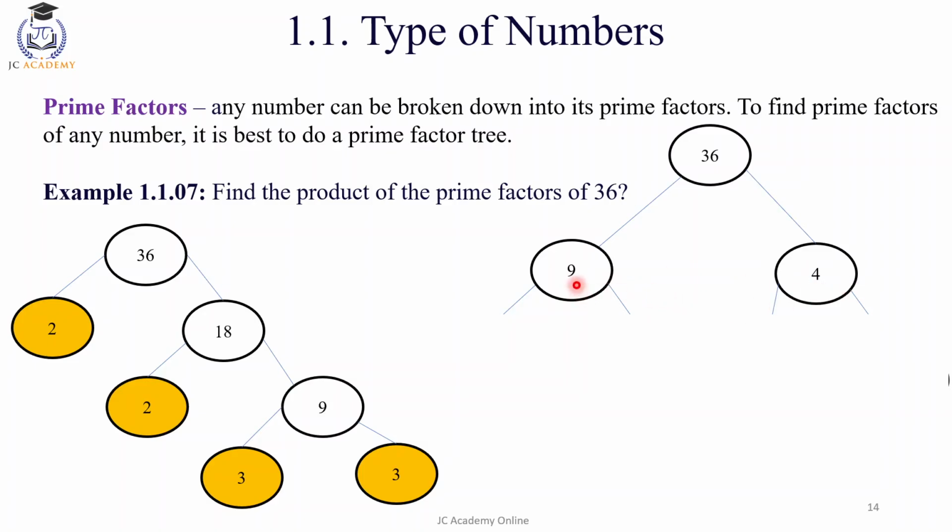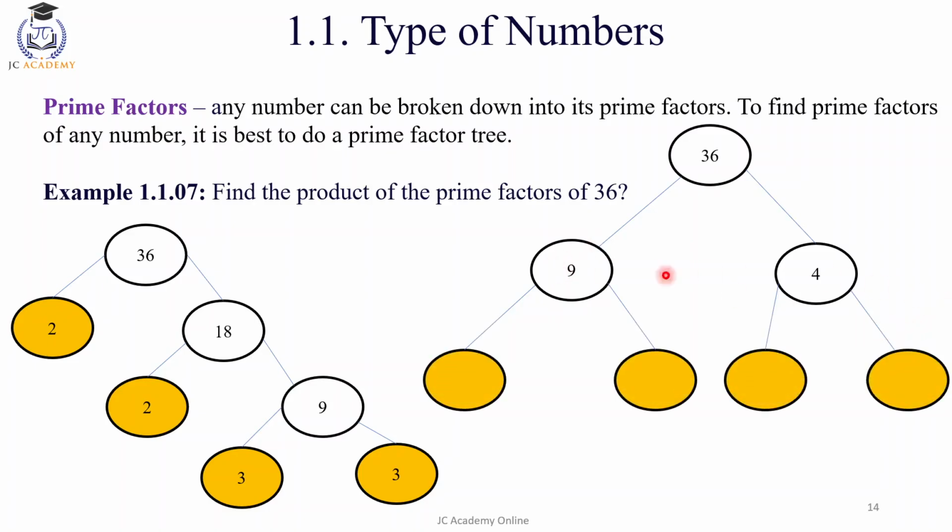At this stage we have 9 and 4. We can work on either branch. So we branch them out. 9 can be broken down to 3 times 3, and 4 can be broken down to 2 times 2. Now at this level we can't break this down any further.